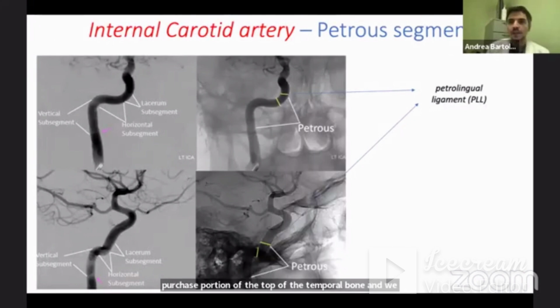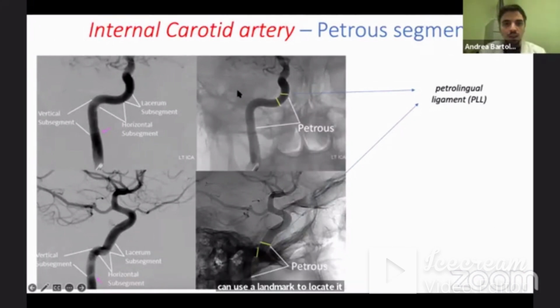We can see this imaginary plane tangential to the top of the temporal bone, and so with this imaginary plane, we can image the petrolingual ligament in this site.